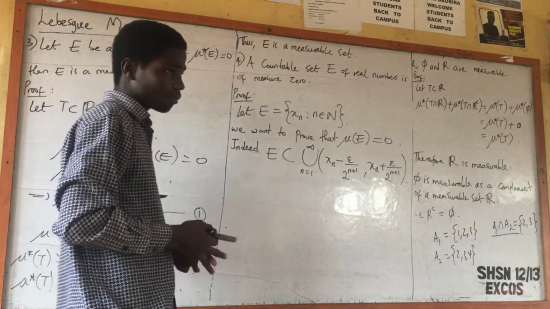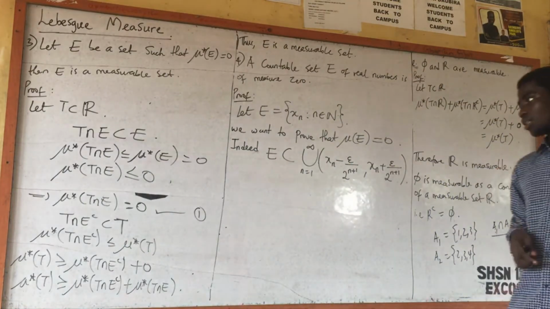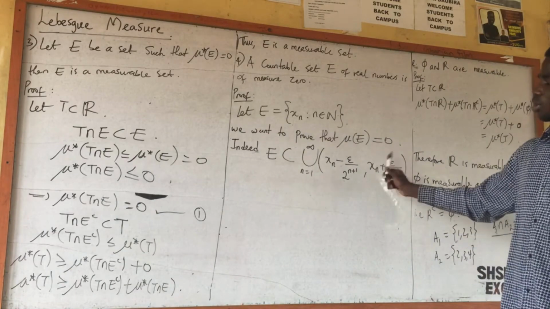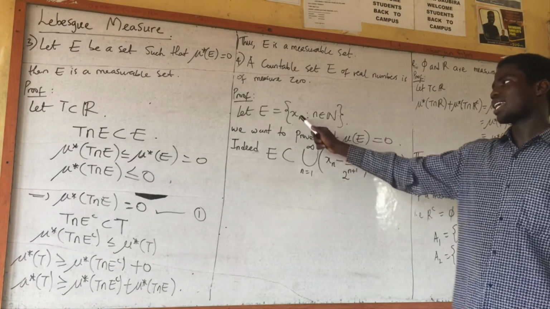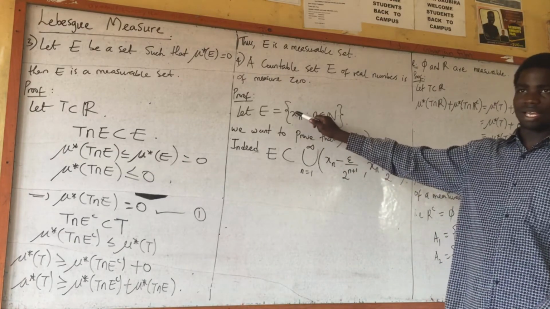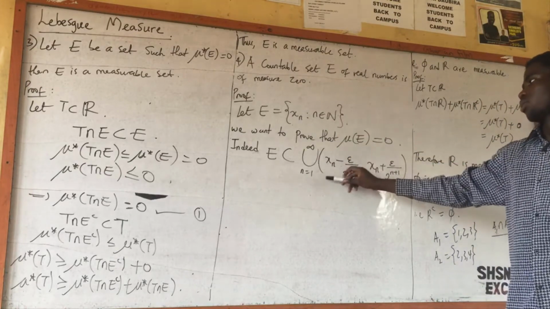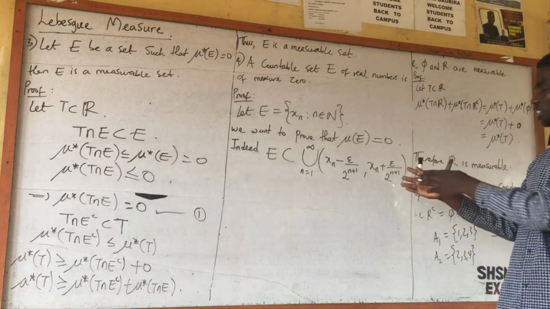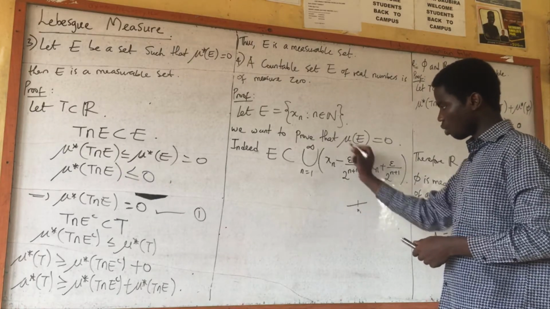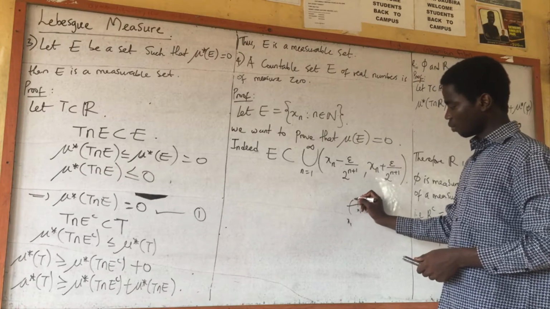E is covered by this, you can see, because every open interval will contain a term. So you just shift it. If this place is x1, then you open an interval around it.